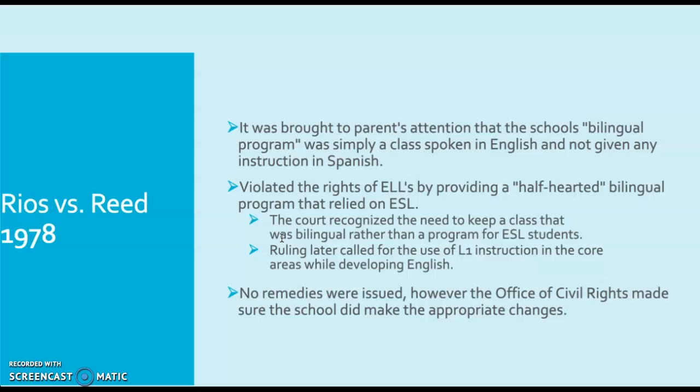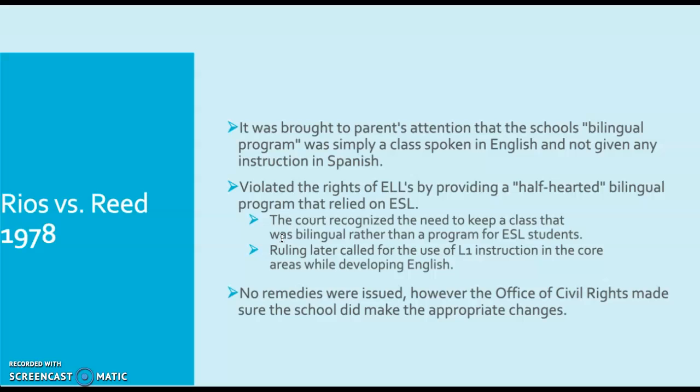The next one we have is Rios versus Reed. It was brought to a parent's attention that the school's so-called bilingual program was simply a class spoken in English and not giving any instruction in Spanish, which would be nearly impossible for an English language learner to understand since they are still learning it. So this violated the rights of ELLs by providing a half-hearted bilingual program that relied on ESL, and the court recognized the need to keep a class that was bilingual rather than a program for English as a second language students.